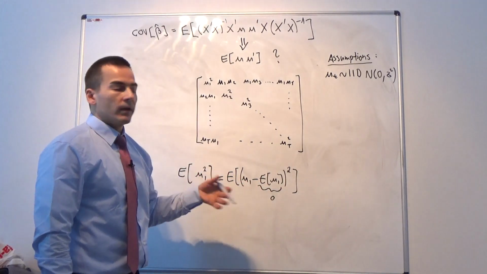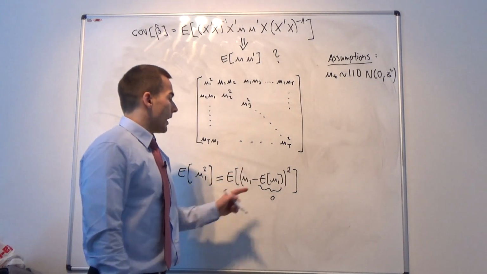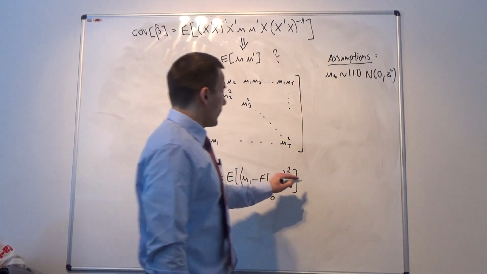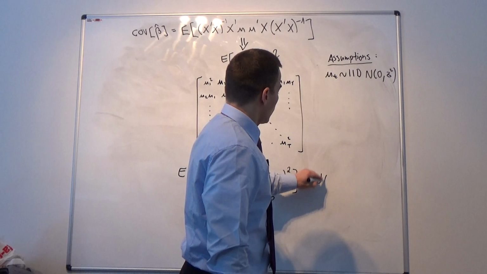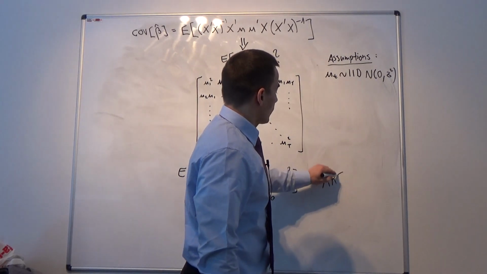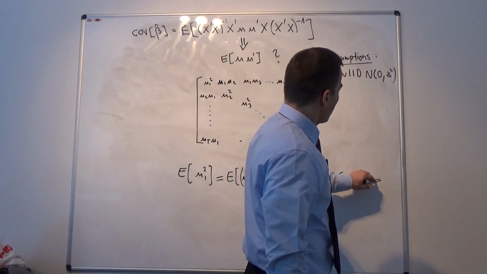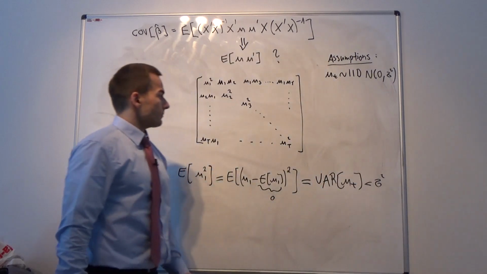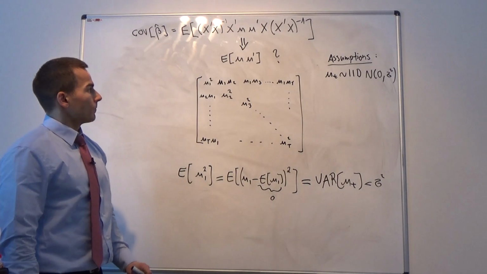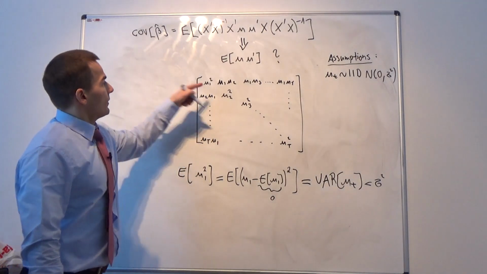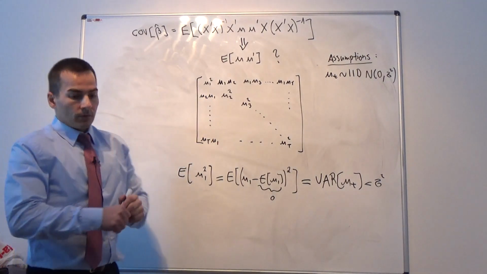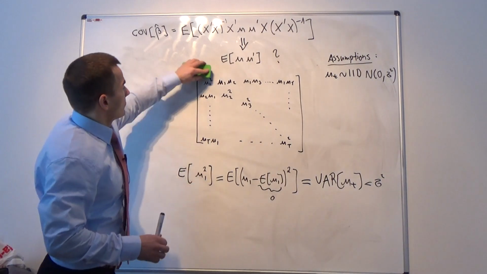We can always expand with 0. And this is nothing else than the variance of our ut, and this is sigma squared. So the first element on the main diagonal is sigma squared.